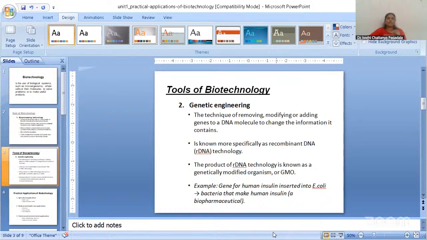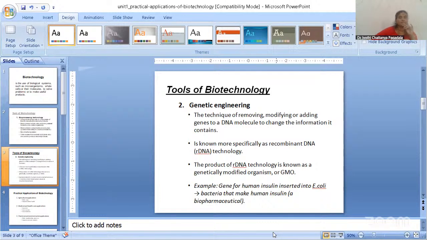When coming to the reporter genes, reporter genes are cloned into the vector in close proximity to the gene of interest to facilitate the identification of transformed cells as well as to determine the correct expression of the inserted gene.